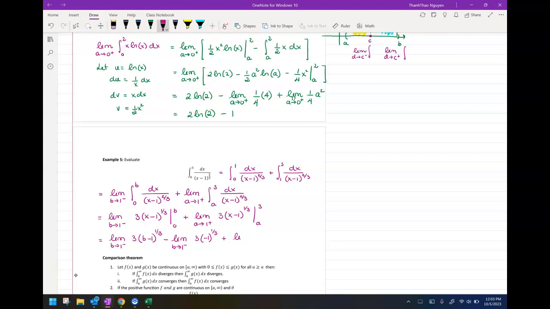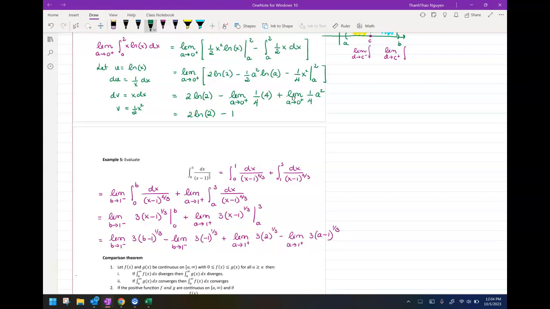Plus the limit as a approaches 1 from the right of 3 times (a minus 1) to the 1/3. Excuse me, the 3 first: 3 on top, 3 minus 1, that is 2 to the 1/3, minus the limit as a approaches 1 from the right of 3 times (a minus 1) to the 1/3.